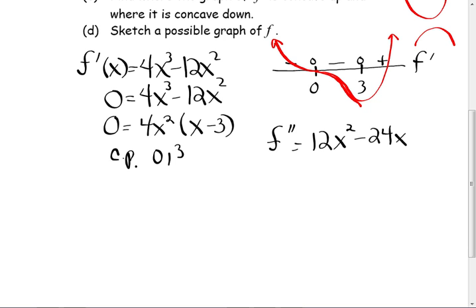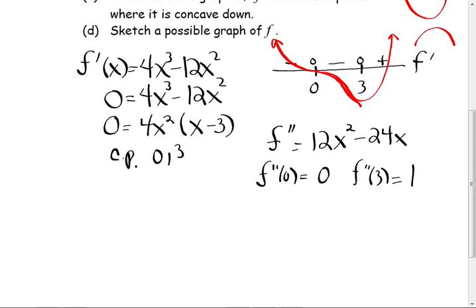So I can put in 0. I can do f double prime of 0. What do I get? 0. That didn't do me any good. It's possibly an inflection point. I just have to look to see if the signs change. What if I did f double prime of 3?